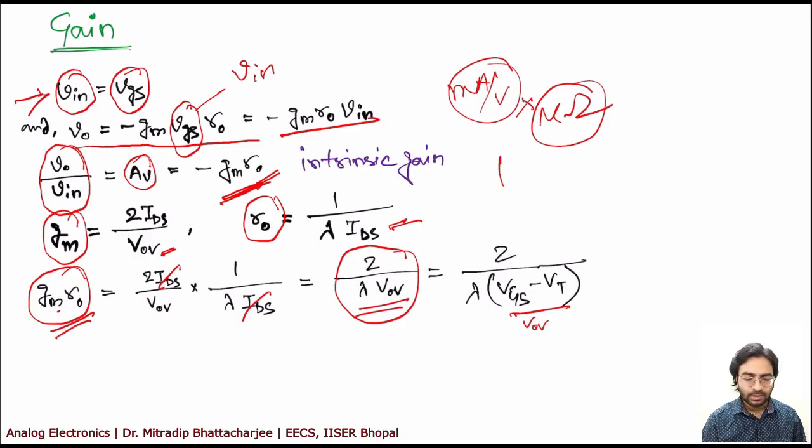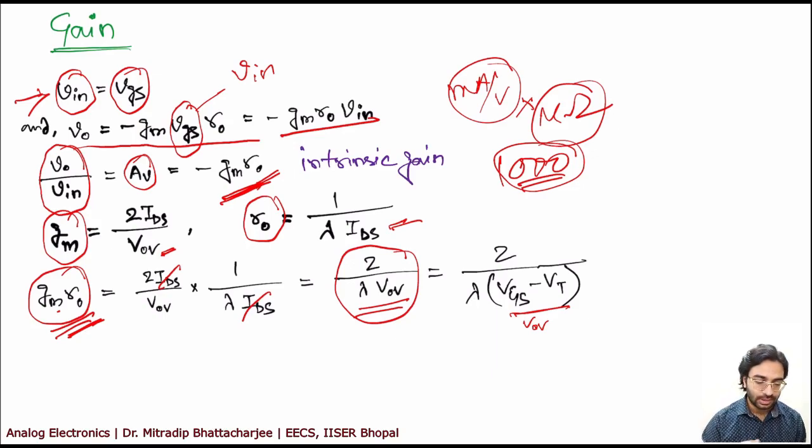So it will be in the range of 1000. However, in practice, you won't get a gain up to 1000. It will be around, say, 200, 300. That's why we say this is the intrinsic gain, the maximum possible gain that you can get. However, in practice, it will be around 100, 200, or say maximum 250, 300, something like that.